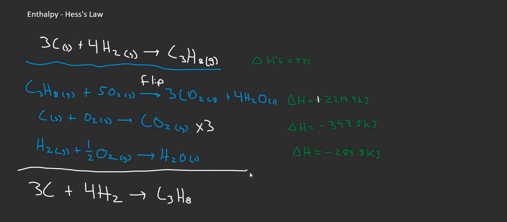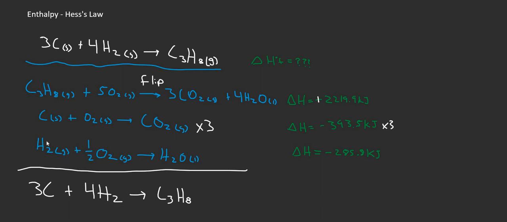And since we multiply the reaction by 3, we must also multiply the enthalpy of formation for that reaction by the same number. Okay? So that'll give us that 3C. So that works out. And then the last piece of the puzzle is this 4H2.